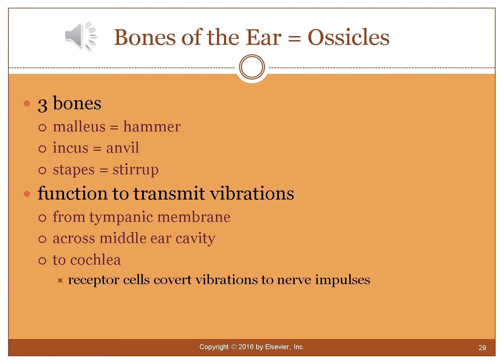So three bones of the ear or ossicles is the malleus or hammer, incus equaling anvil, stapes equaling stirrup, and function to transmit vibrations from the tympanic membrane, also known as the eardrum, across the middle ear cavity to the cochlea, and that is the one that has the shell-like appearance with the coils, which has the receptor cells that convert vibrations into nerve impulses that eventually are heard as sound.